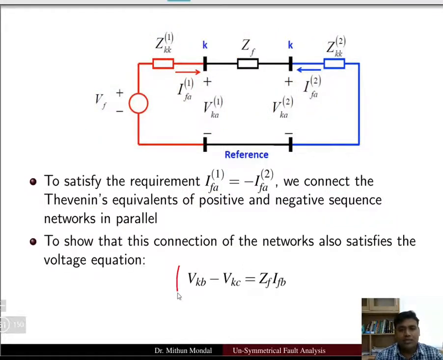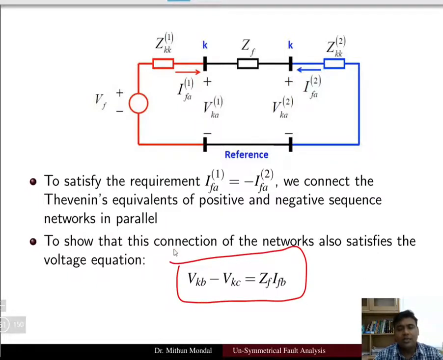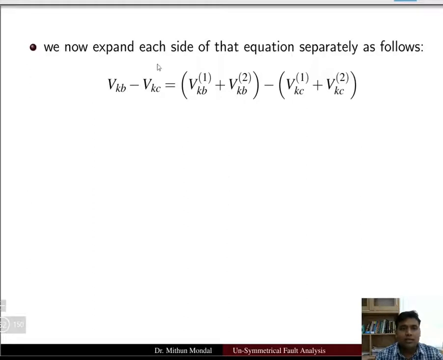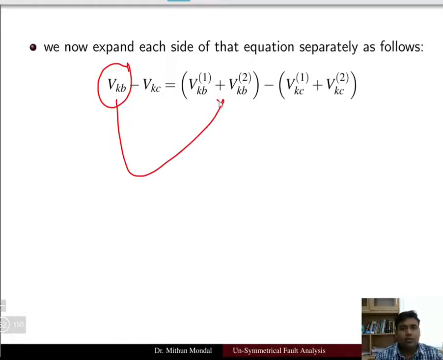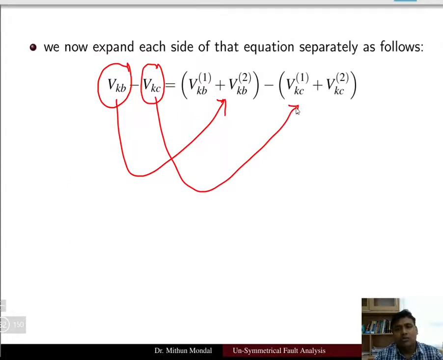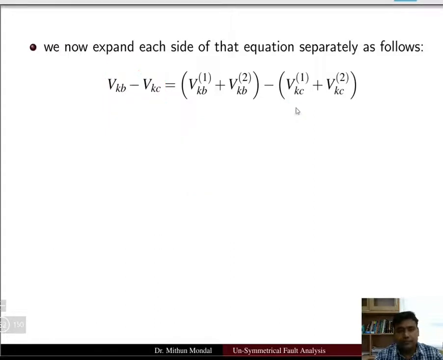Moreover, we have seen that VKB minus VKC is equal to ZF into IFB. If we explore more, then this VKB can be split up into the positive sequence component and negative sequence component, and VKC can be split up into the positive sequence and negative sequence voltage. Zero sequence is absent in this case.